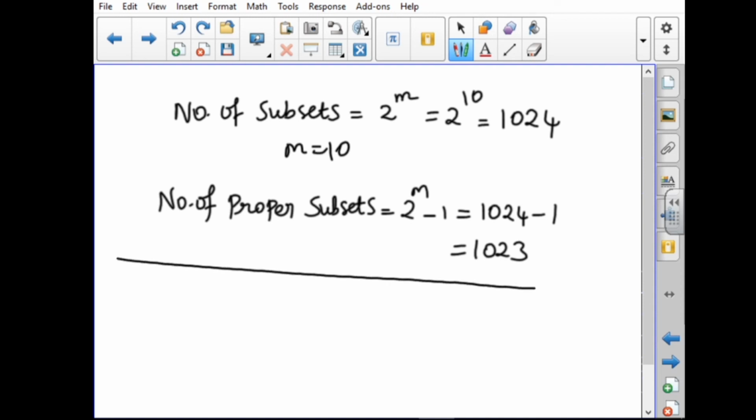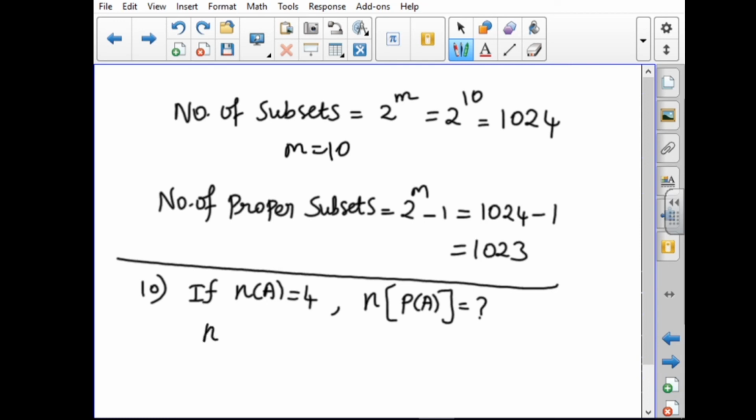Then question number 10. Last question. If n of A is equal to 4, then find n of P of A. So n of A is equal to 4, that means m is equal to 4.